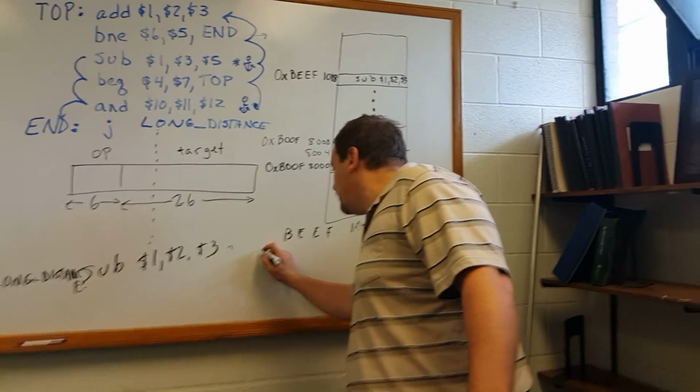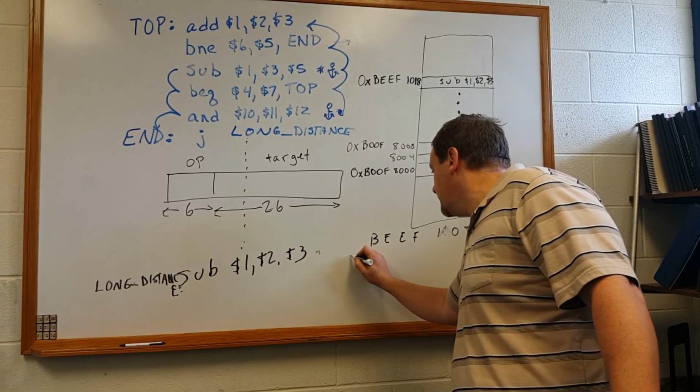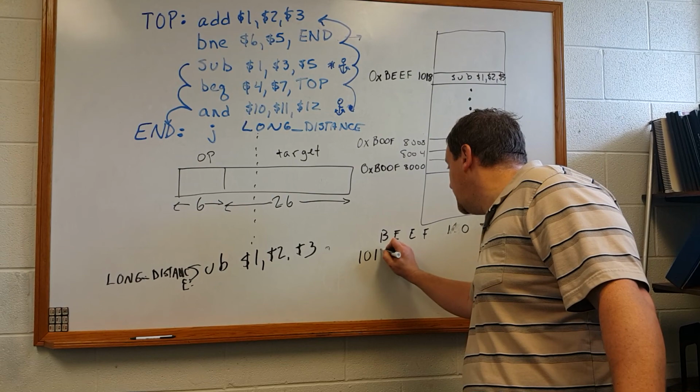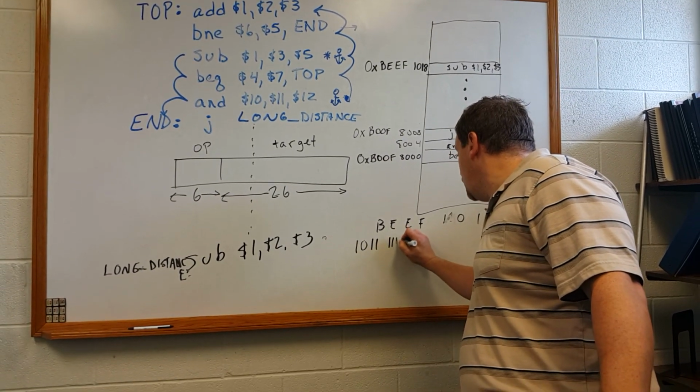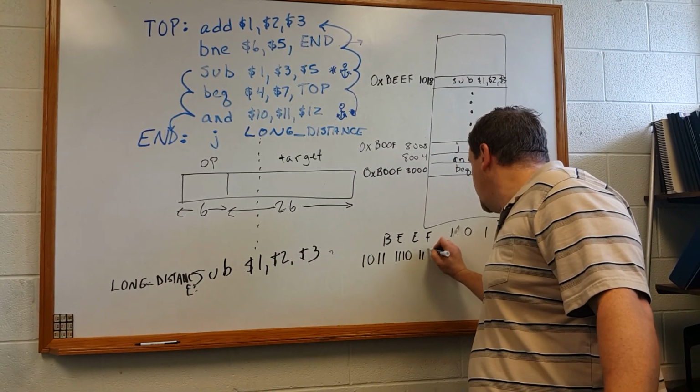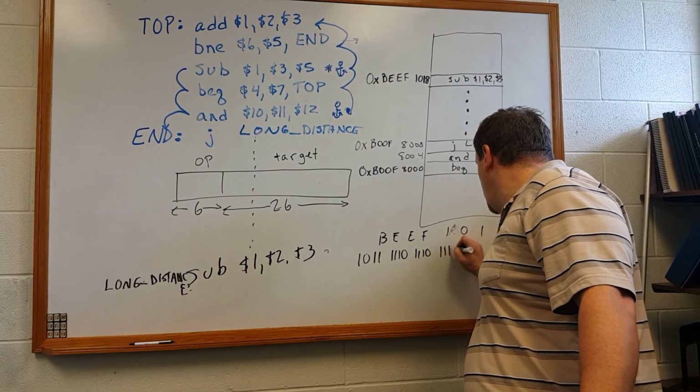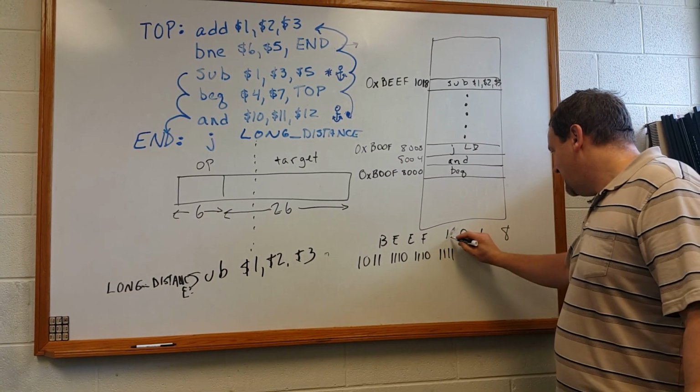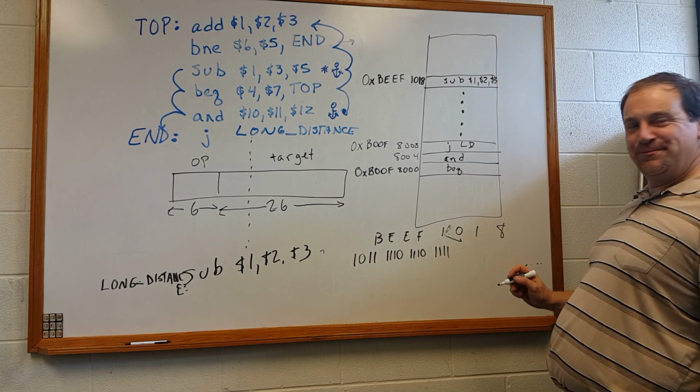So let's write this out in binary. We have 1011, then 1110, 1110, 1111. Okay? Now this guy, I'm running out of space here.